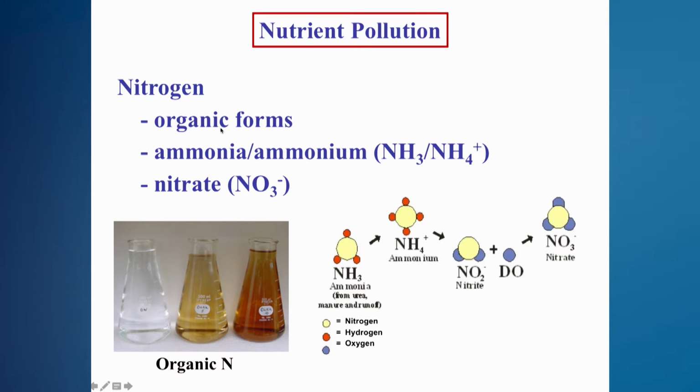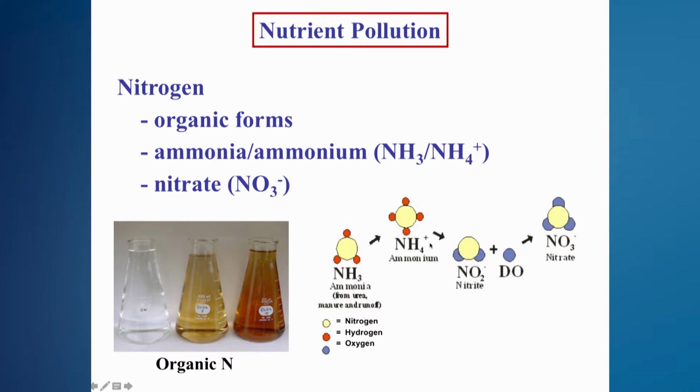We have organic nutrients, which are not generally available directly to aquatic organisms. We have ammonium and ammonia, which are important sources of nutrients, as well as nitrate. The organic nitrogen gets transformed to ammonia and ammonium, which then gets further transformed by microbial activity to nitrate.